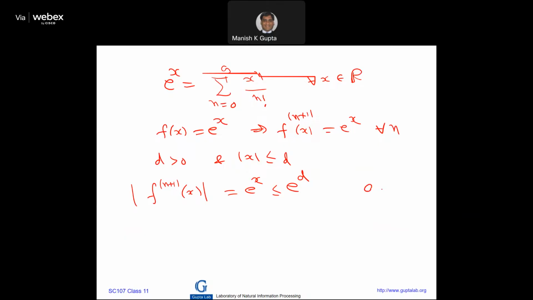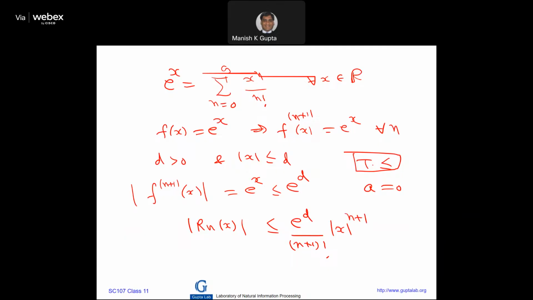Then using Taylor's inequality for a is equal to 0, we get mod of Rn of x cannot exceed e raised to d divided by factorial n plus 1 times mod of x raised to n plus 1.